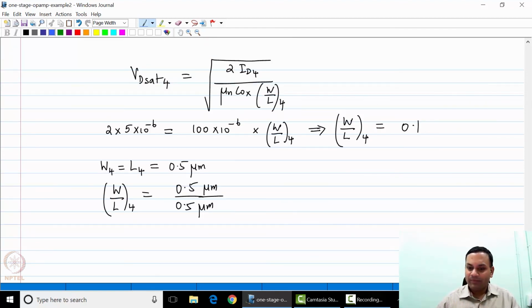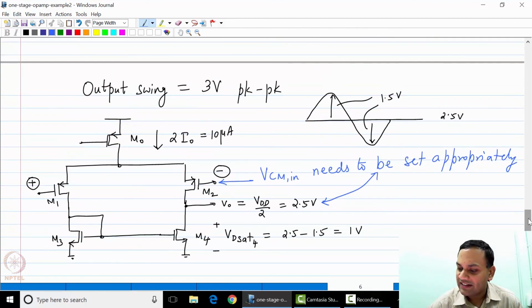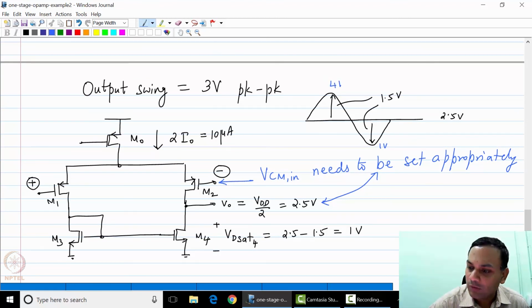And as we have seen, just like we said that the minimum output voltage is 1 volt, the maximum output voltage is 4 volts, in which case the common mode at the input needs to be set such that the sum of these two voltages, with the other polarity, of course, because we have a PMOS op-amp, so the sum of these two voltages at the edge of triode regions should be equal to 1 volt.